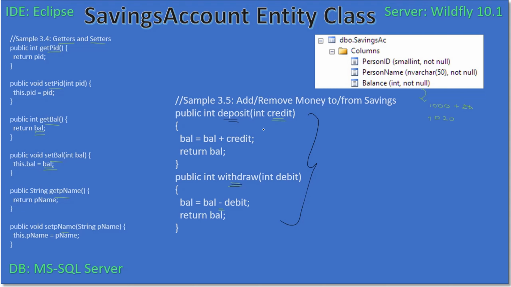So the bean will make use of the entity manager, and it uses this entity to persist into this database savings account. The only method we used here is this get PID. After asking the entity manager to create a new account, we call this get PID on the account object.